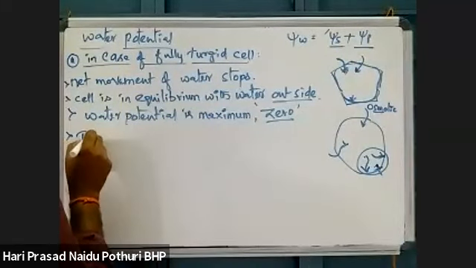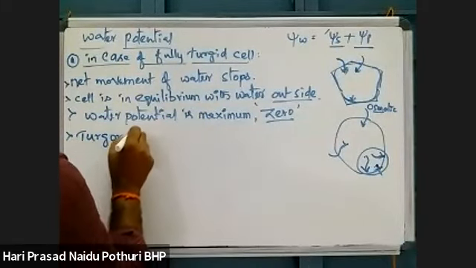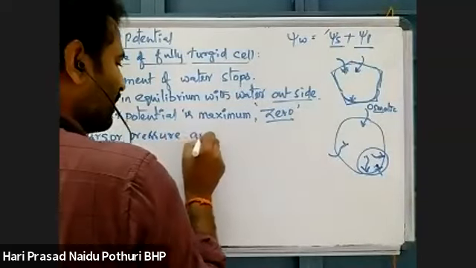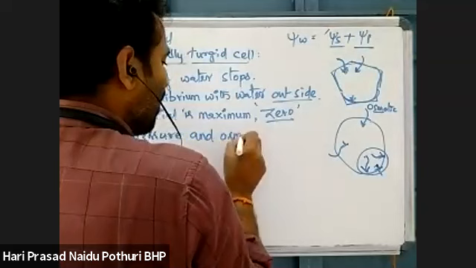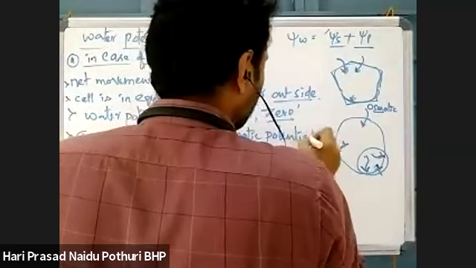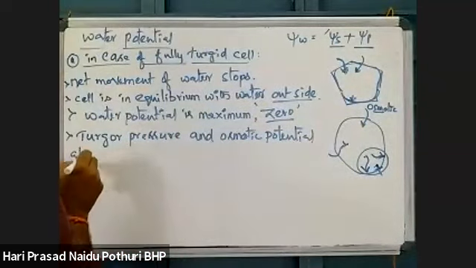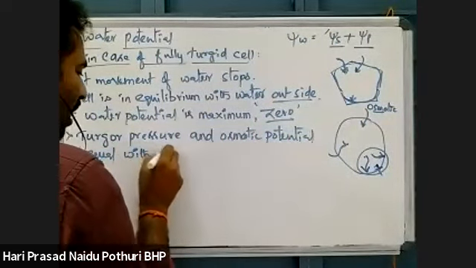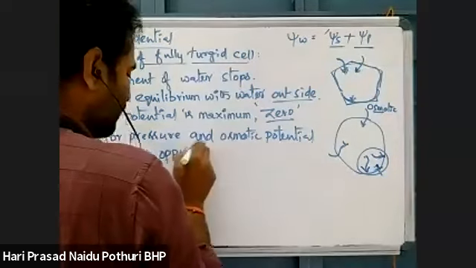That turgor pressure and osmotic potential are equal, but they are in opposite signs. See here, turgor pressure. What is the turgor pressure? I will tell you, turgor pressure and osmotic potential both are equal with opposite signs.